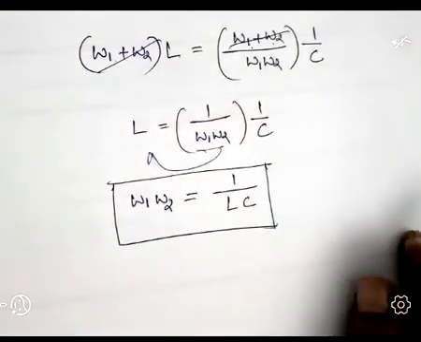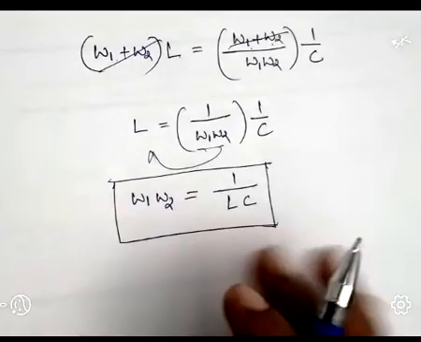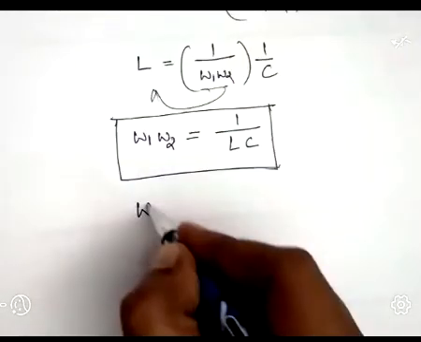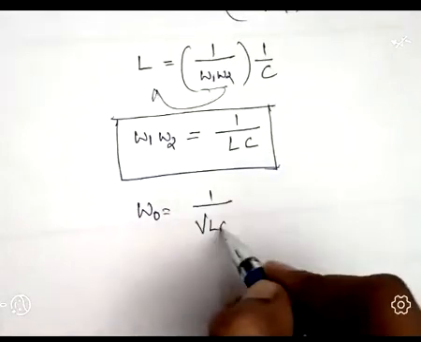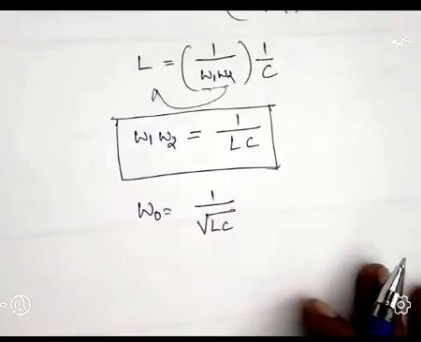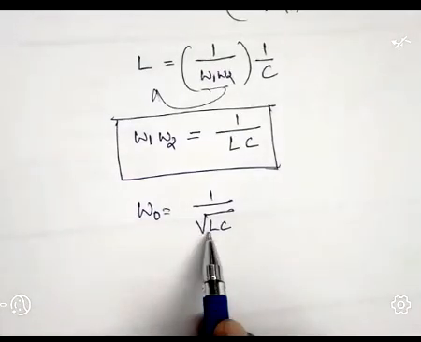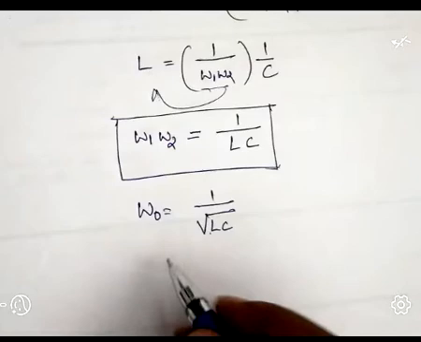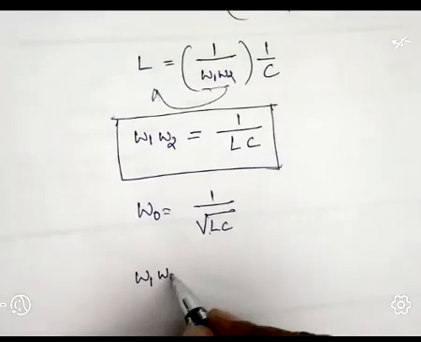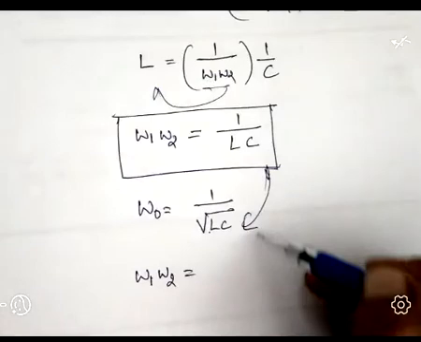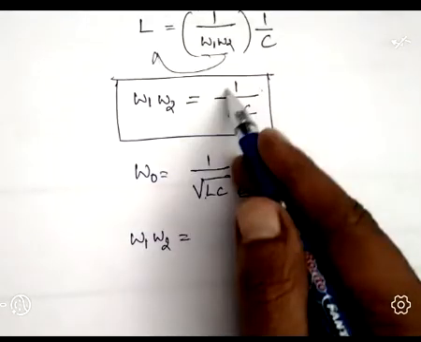But from the condition of resonance, you know the condition of resonance, omega naught equal to what? 1 by square root of L into C. This equation we got from the condition of resonance. Hence we can write omega 1 into omega 2 is equal to, see, these two things we can compare. From the comparison we can write this in terms of omega naught square.